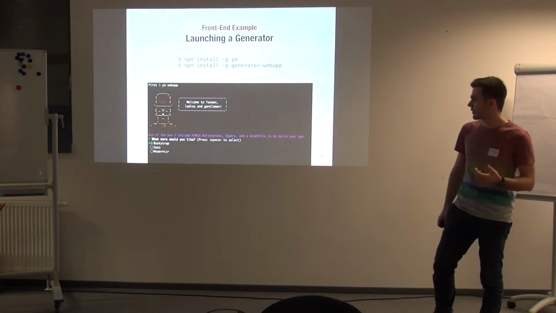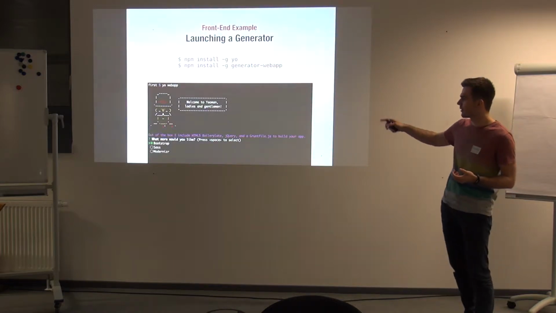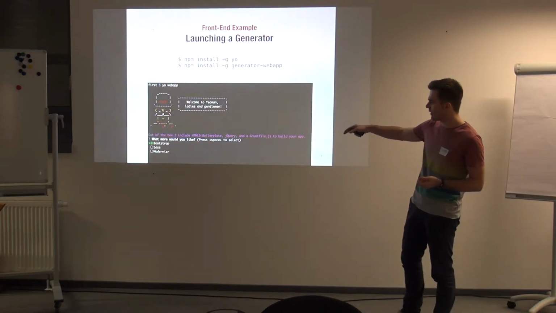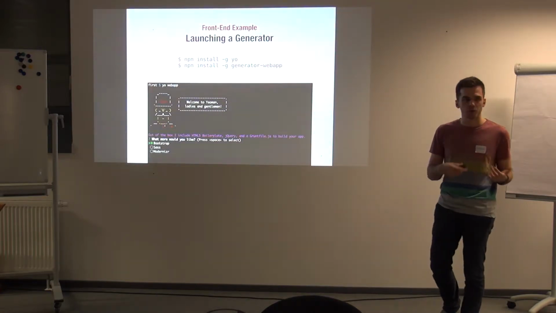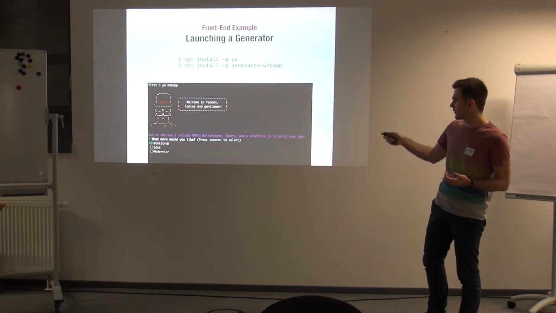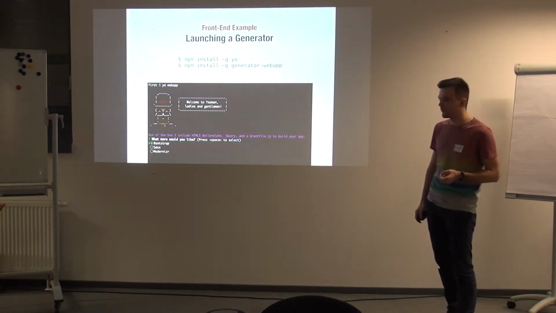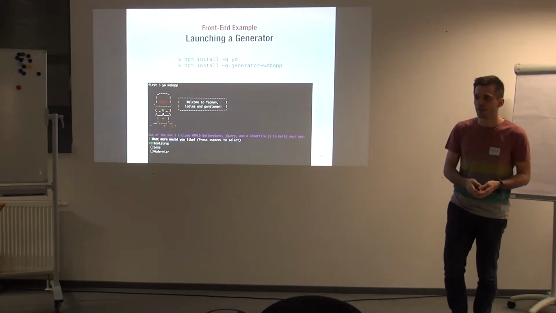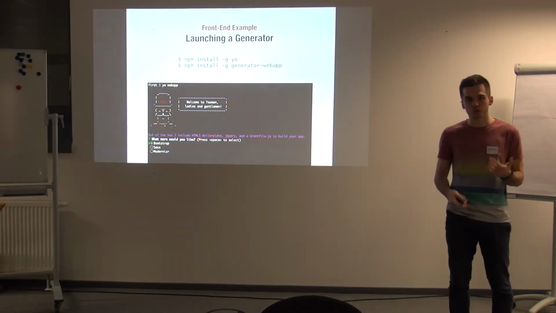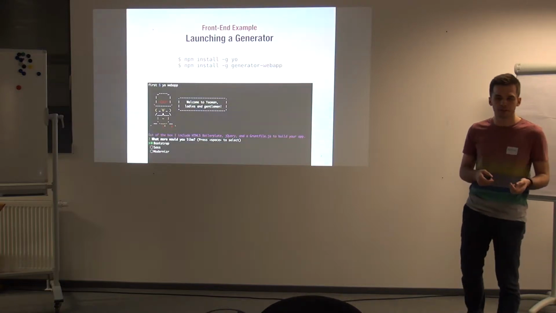In our case, it's generator web app, and when you run that in the terminal, you see this shell, and it asks you a couple of questions on how you want to structure your project. For instance, this generator starts with HTML5 boilerplate, which is basically an HTML5 file that already contains lots of stuff you usually need when you're doing a project in that directory.